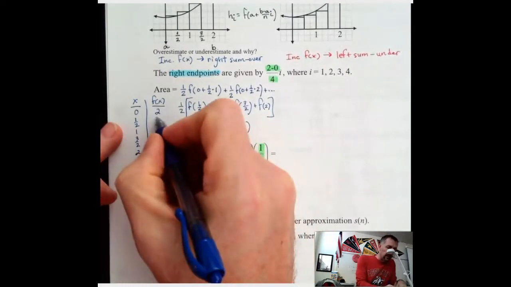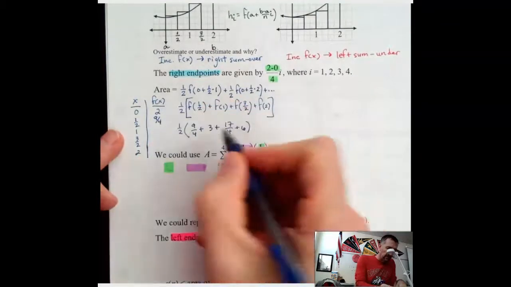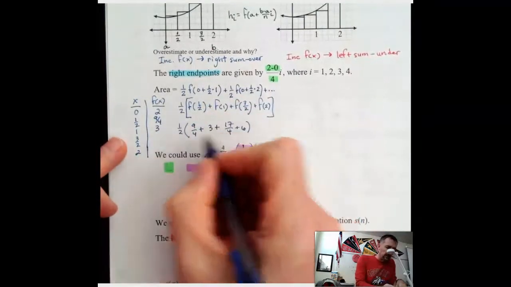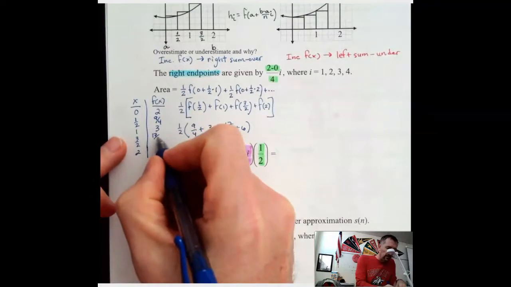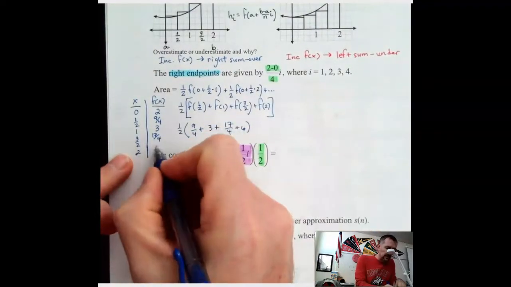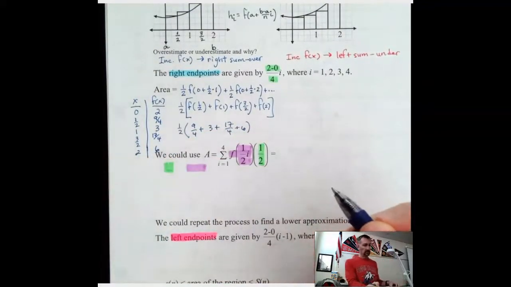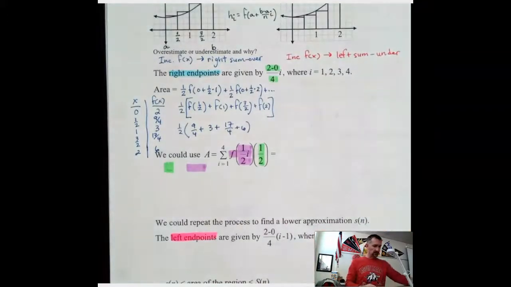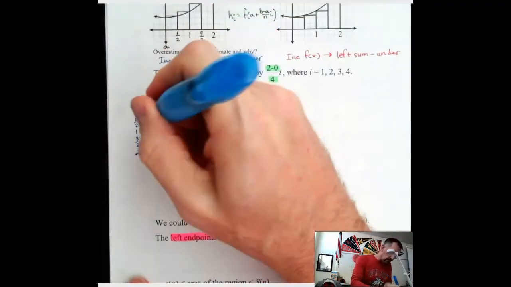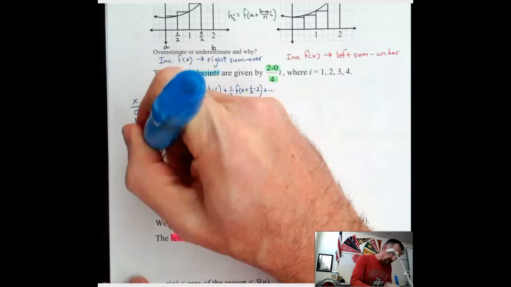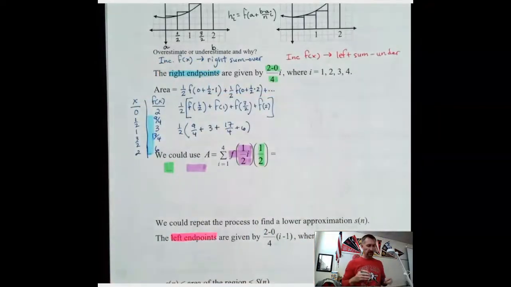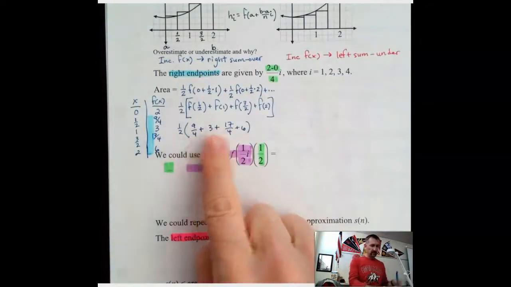I already talked about this: that was 9/4, that was 3, this is going to be 17/4, and that's going to be 6. So we're doing the right endpoints, which would be these 4 right here. That's where those 4 numbers came from.